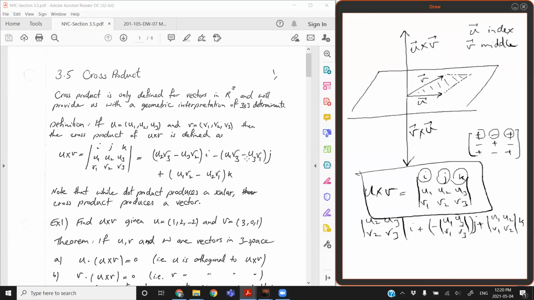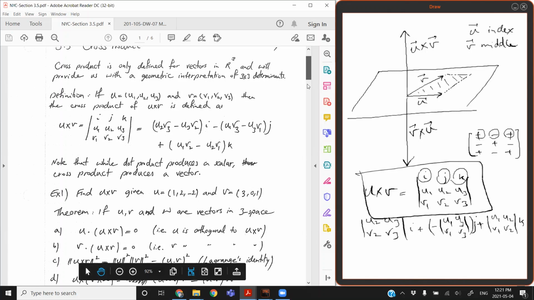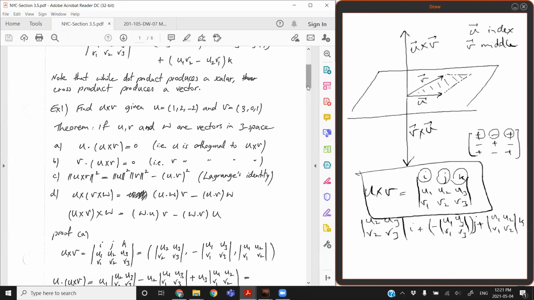Again, I want to emphasize that the cross product is a vector. It's not a scalar, even though just for memorization purposes, we represent it like this. So let me give you an example, and you'll see it's very easy to calculate the cross product. So find the cross product given U is this vector and V is this vector here.